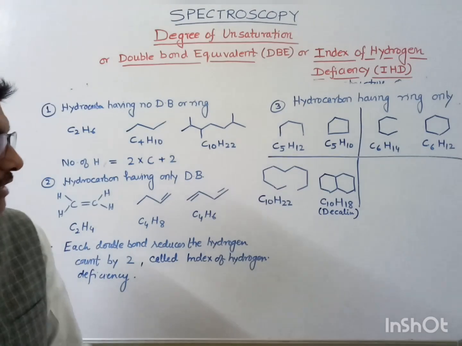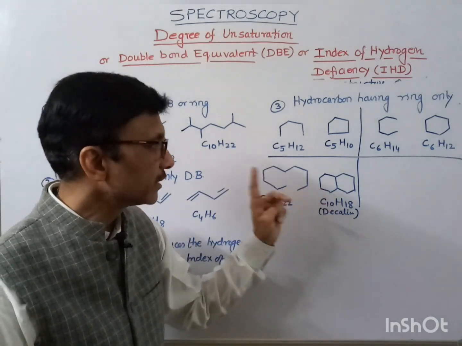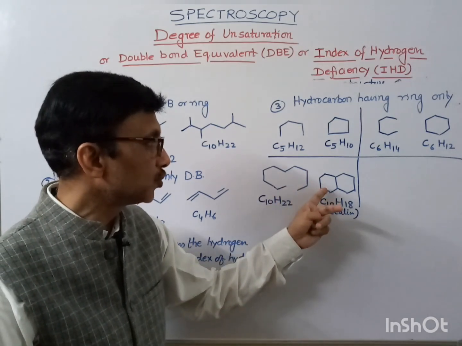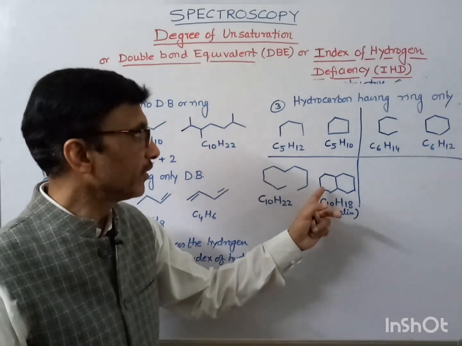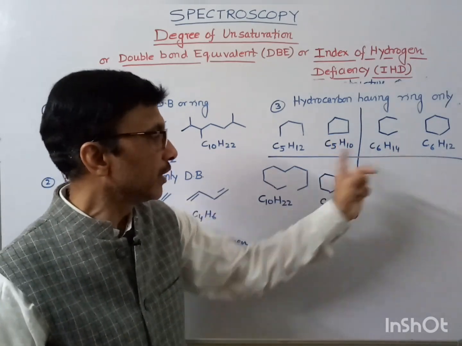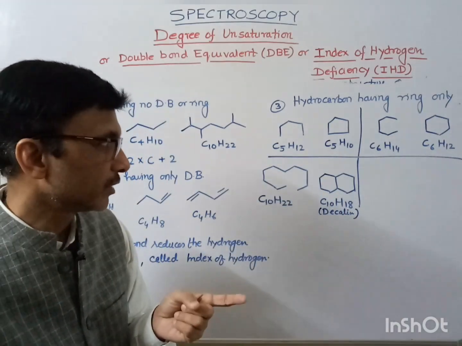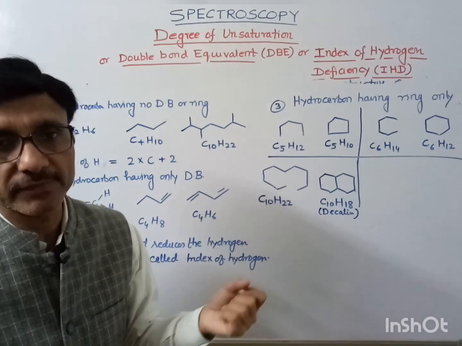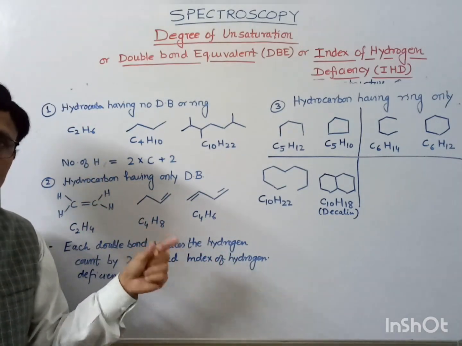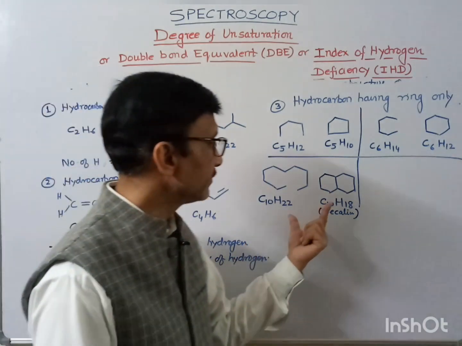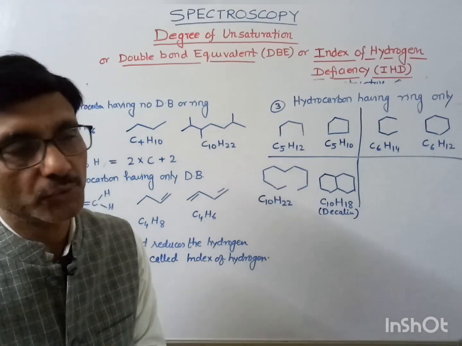So here you can see that 2 rings reduce the hydrogen count by 4: one ring reduces the hydrogen count by 2, and another ring is also reducing it by 2. Double bond reduces the hydrogen count by 2. In the same way, the ring also reduces the hydrogen count by 2.